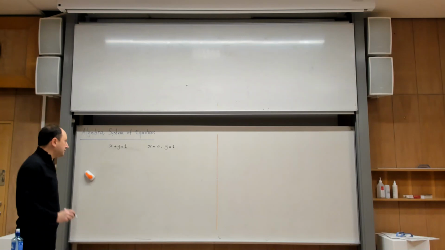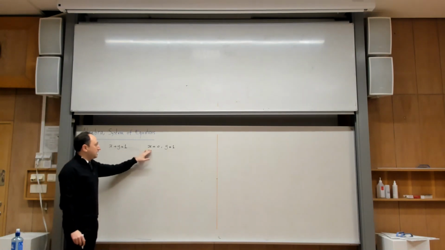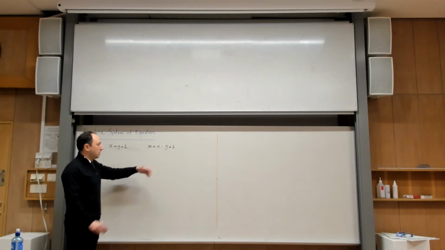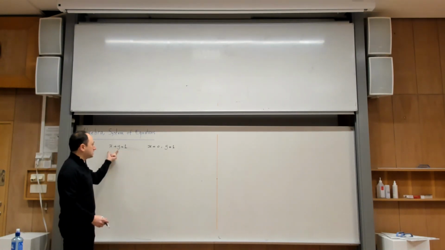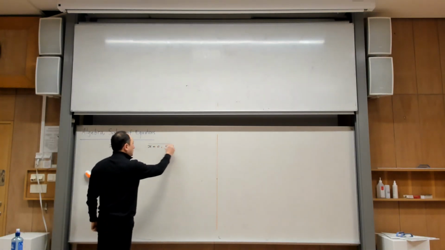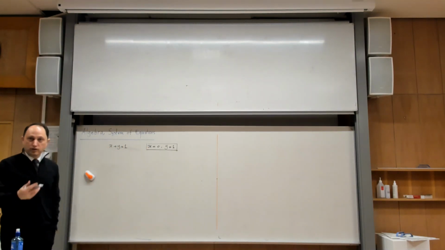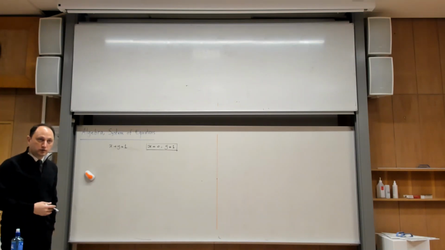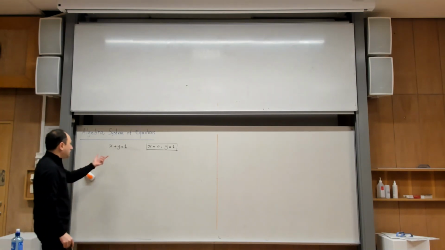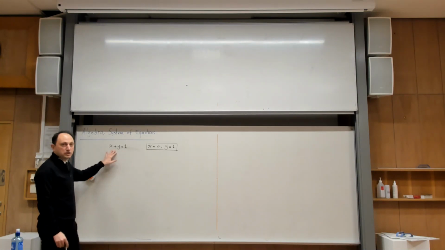When I have an equation with more than one variable and I make an assignment for x and y, in this case with two variables, this is considered one solution to this equation. Don't think that one is for x and one is for y. Any pair that I consider here is one solution.